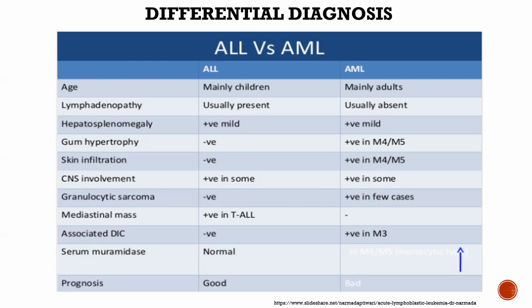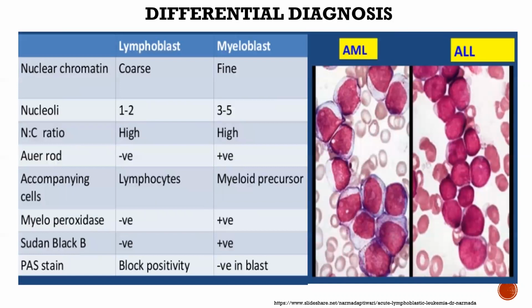Comparing with myelogenous leukemia, where prognosis is bad, serum muramidase is high, mainly present in adult patients without lymphadenopathy, but present hepatosplenomegaly, presence of gum hypertrophy and skin infiltration in morphological variants 4 and 5, and presence of granulocytic sarcoma in some cases.